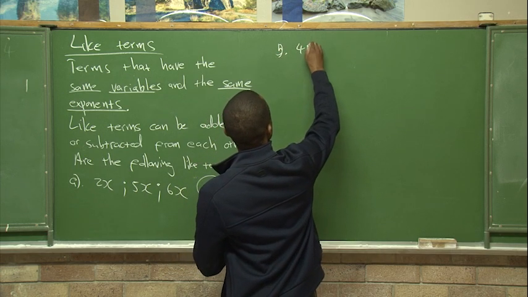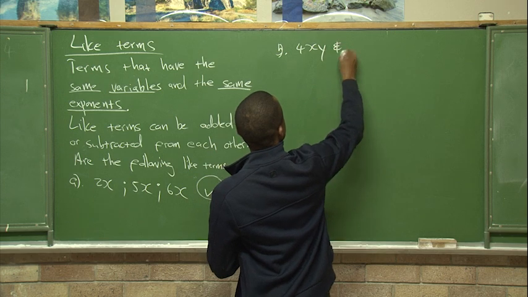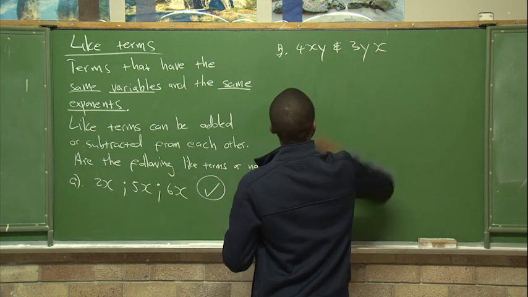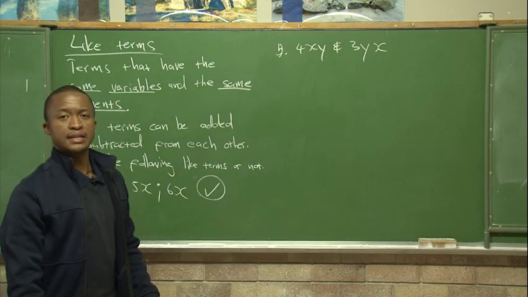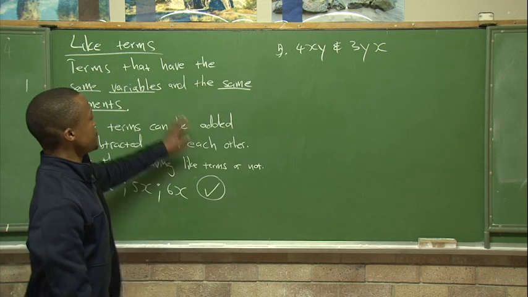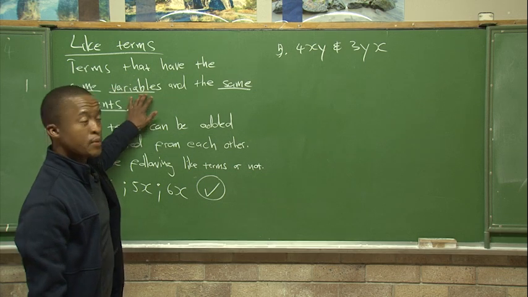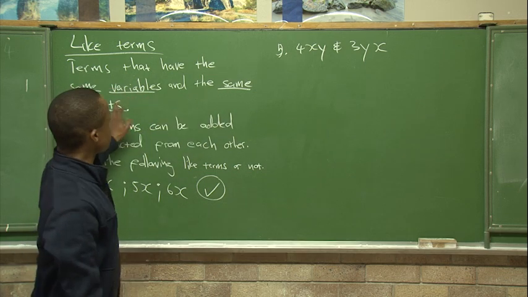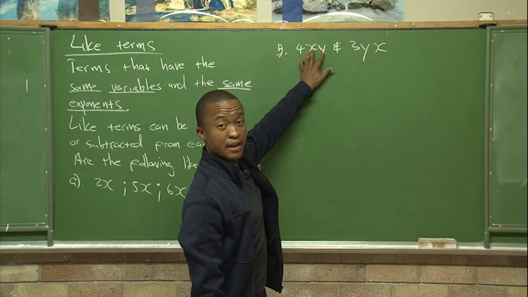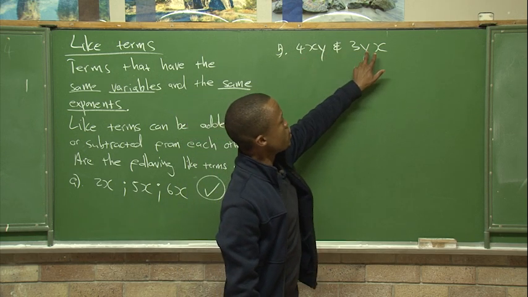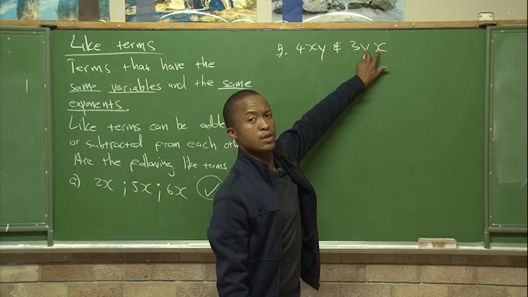Let's get the second option here. We have 4xy and 3y(x). We want to know whether the two terms on the board are like terms or not. The definition: same variables, and those variables must have the same exponents. Now let us observe. We have x and y as variables for the first term, and y and x for the second term.